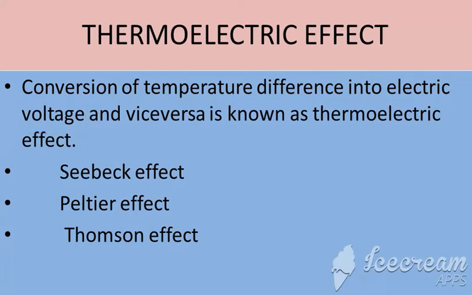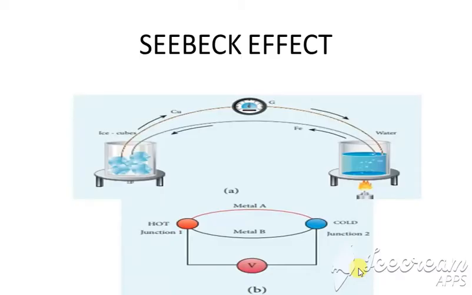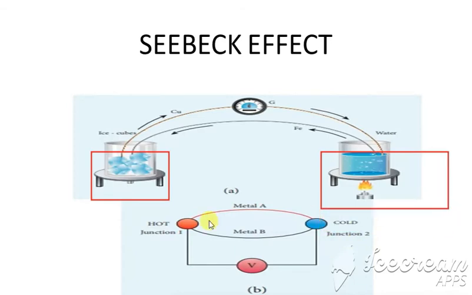Okay, so first we are going to see the Seebeck effect. In the Seebeck effect, when you see here, there are two types of materials. One is a hot material, and here is a cold material.